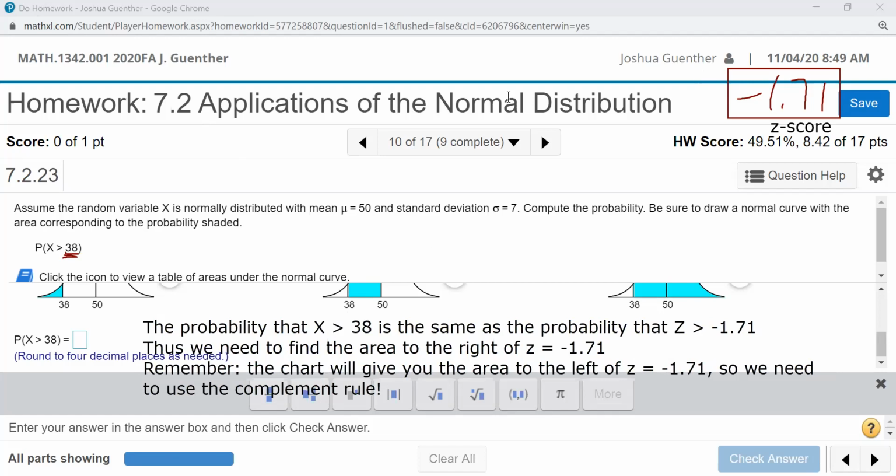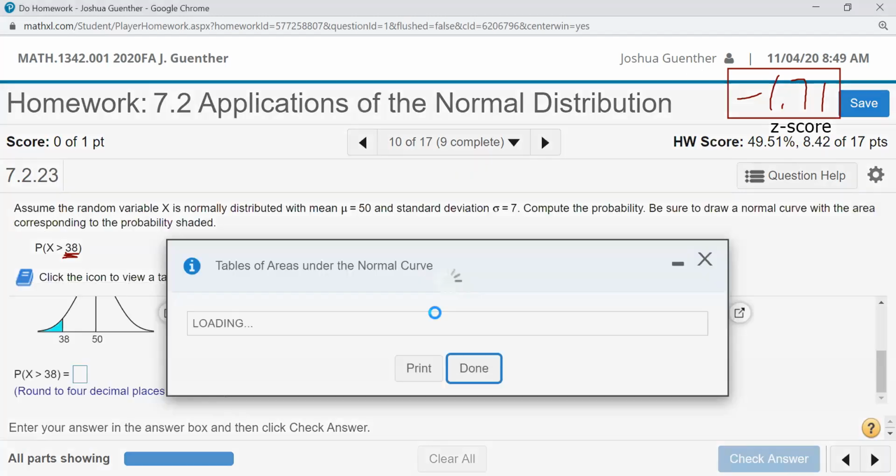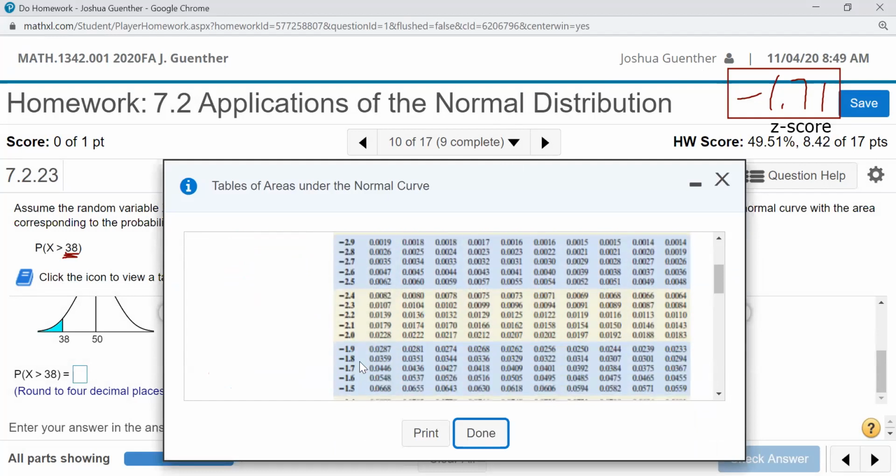So returning to the chart, we need to look up the z-score of negative 1.71. It's going to be 0.0436.